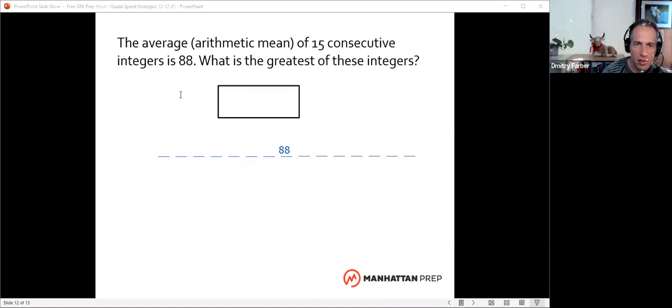If I've got 1, 2, 3, 4, 5, 6, 7 numbers below 88, and 1, 2, 3, 4, 5, 6, 7 numbers above 88, I'm going to have 1 less, 2 less, 3 less, 4 less, 1 more, 2 more, 3 more, 4 more. They'll balance out. So rather than write all these out, I could say 89, 90, 91. Oh wait, there's 7 more numbers.